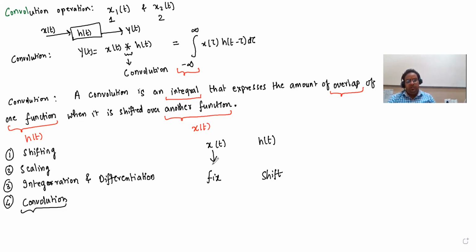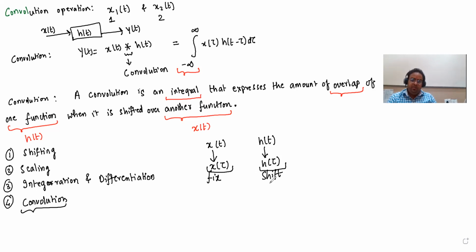Before that, what we do is that we just replace this independent variable, time, with a dummy variable, let us say tau. So x of t becomes x of tau and h of t becomes h of tau. And now we basically fix this particular signal, that is our x of tau, and we are going to shift this second signal over our x of tau.